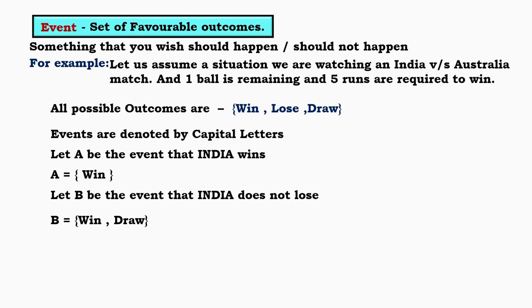If India doesn't lose, there could be two outcomes: it could be a draw or it could be a win. In both cases India will not lose. We represent these with events, and you can name them with any alphabet, but they should be represented with capital letters.